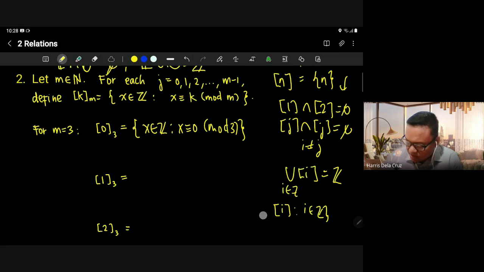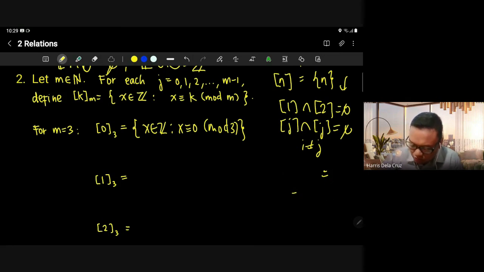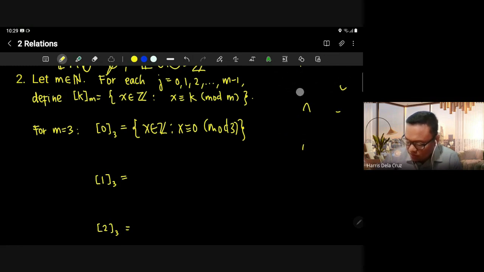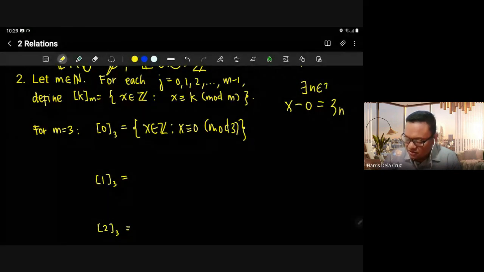Now, what does it mean for x to be congruent to 0 mod 3? If we recall the definition of modulo, x minus 0 must be equal to some integer times 3, or 3n, for some n. So there must exist an n such that x minus 0 can be written as 3 times n.